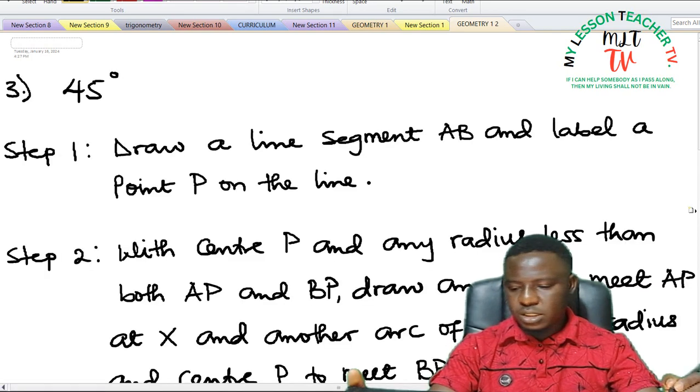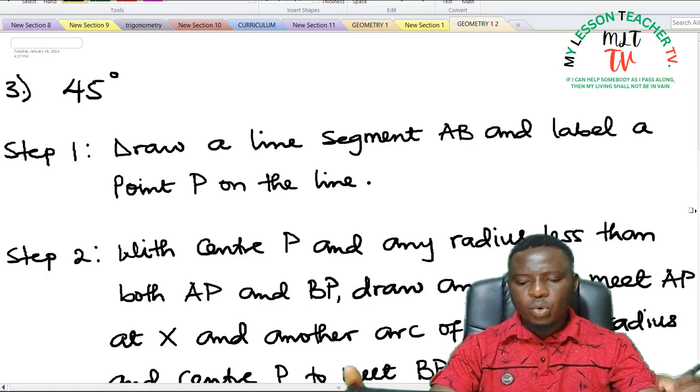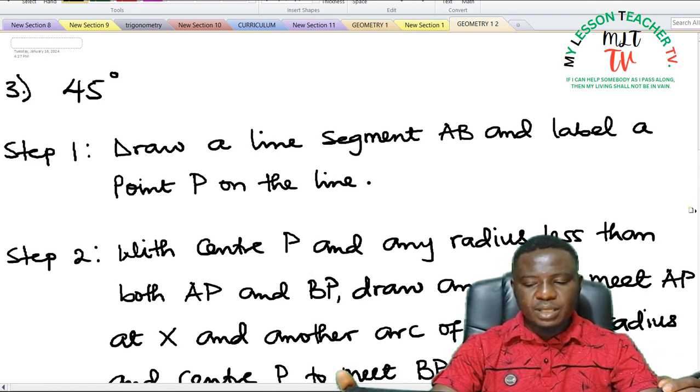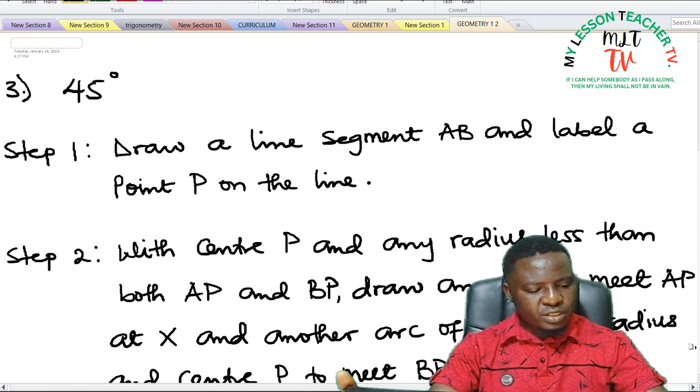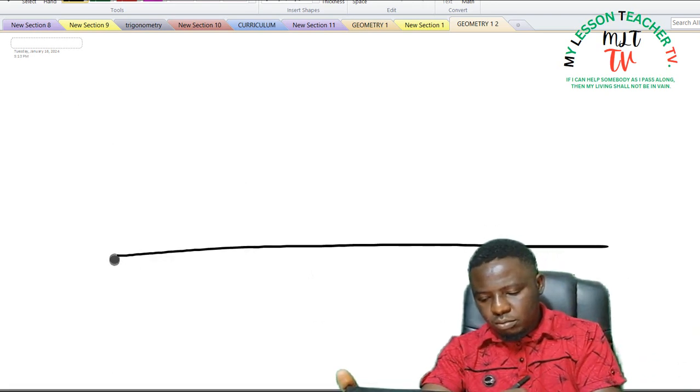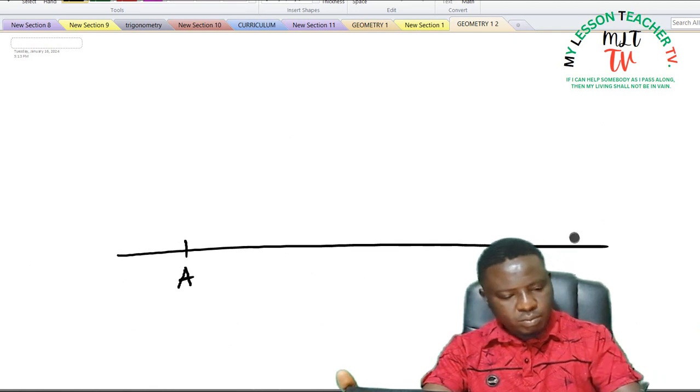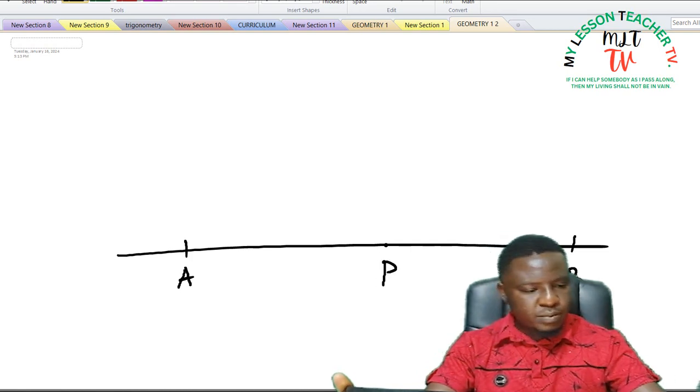The step says, we draw a line AB and label a point P on the line. So if this is the line AB, pick a point and call it point P.